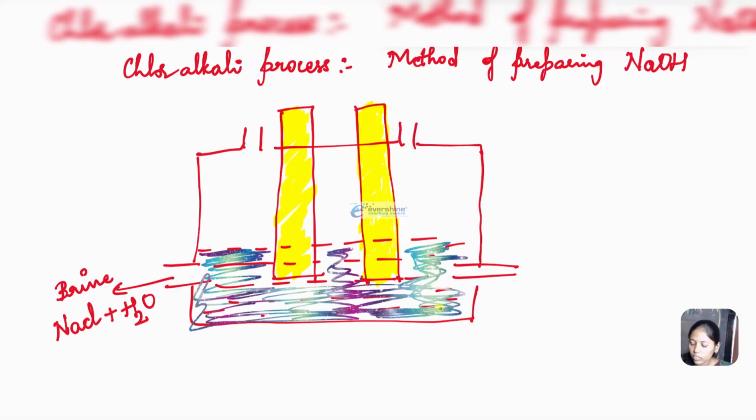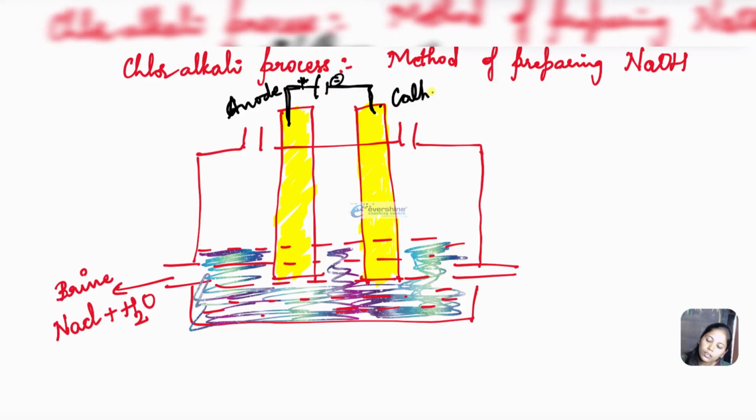In this brine solution we keep two graphite rods, and these rods should be connected to a battery. One should be connected to positive, another to negative. The positive plate is called anode, the negative plate is called cathode.